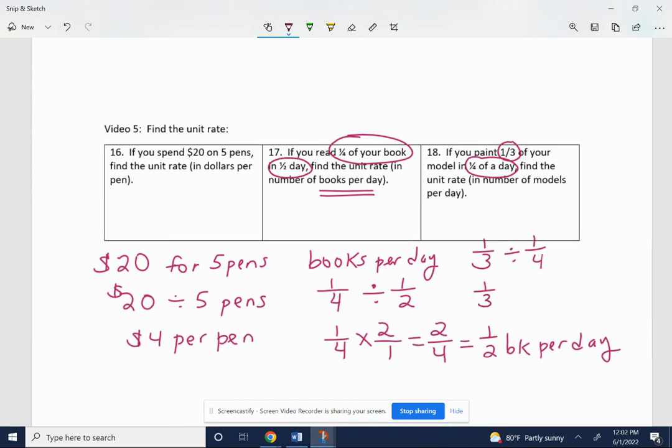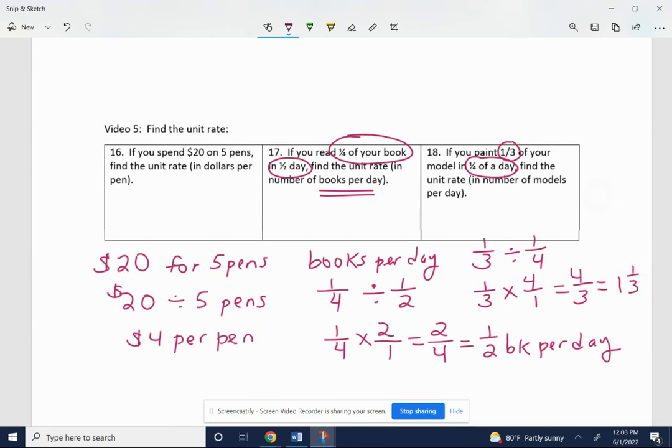To take 1/3 divided by a 1/4, you do have to copy, change, flip, or keep, change, flip. Keep the 1/3, change divide to multiply, flip over the 1/4 to be 4 over 1. So we have 1/3 times 4 over 1. Multiply the top numbers, multiply the bottom numbers, you get 4/3. If you really wanted to, you could change that to a mixed number.